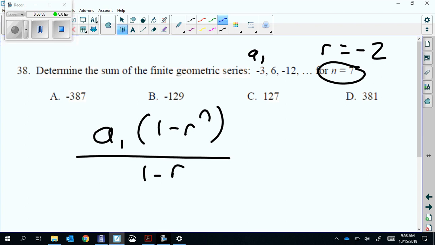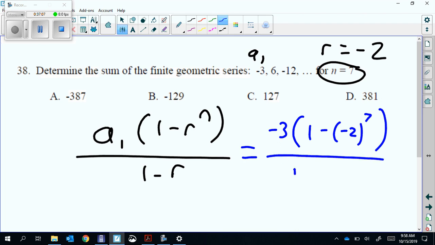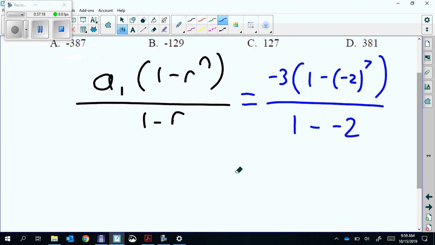So plugging all this in, we get -3, 1 minus -2 to the 7th over 1 minus -2. Just plug in A1, R, and N into all the spots in the formula. So that's -3.